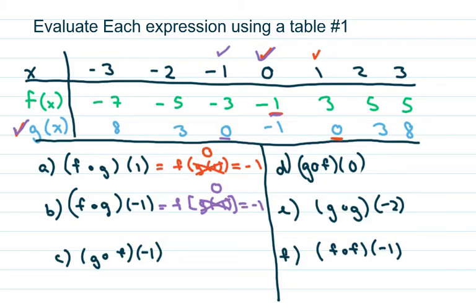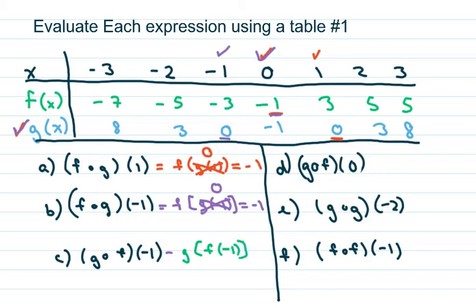Now it's got it reversed here, so I'm going to rewrite this as, it's g first, sorry, g of f of negative 1.